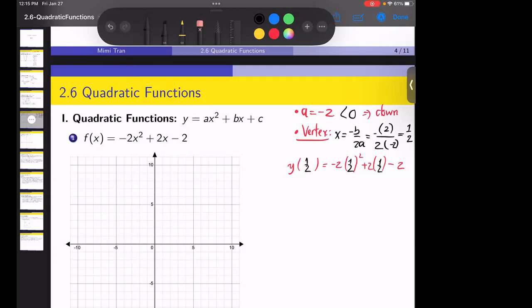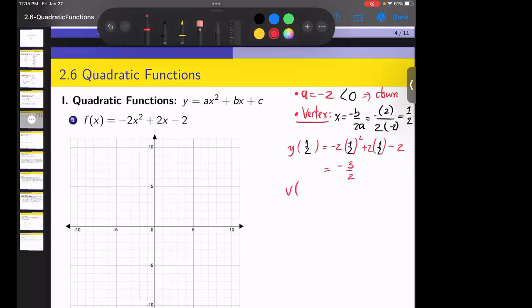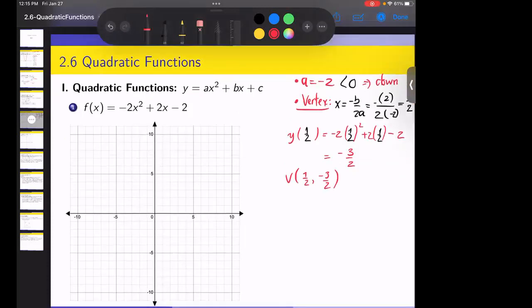Negative 1, negative half, that's negative 1.5 or negative 3/2. Use your calculator, especially in the exam. You don't want to do it by hand and make a silly mistake. So your vertex will be 1/2, comma, negative 3/2. I'll box that because I need it later.